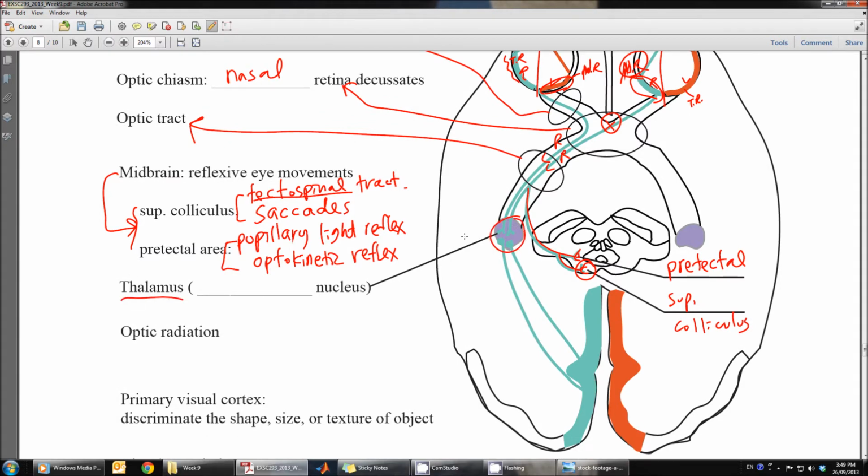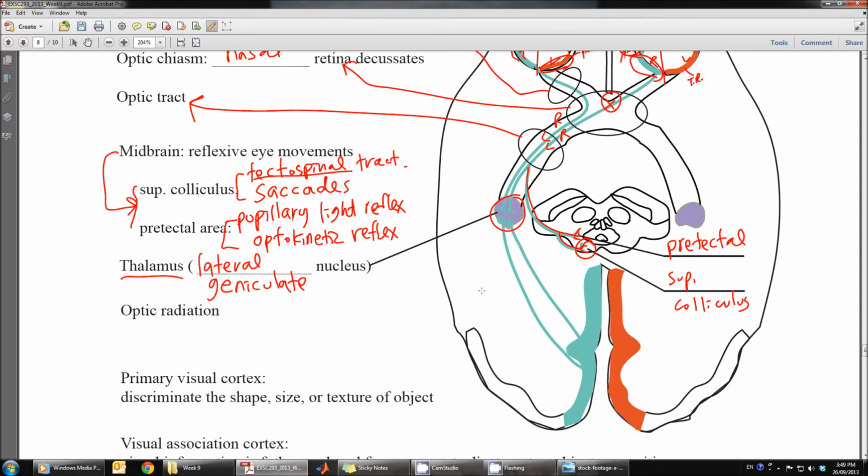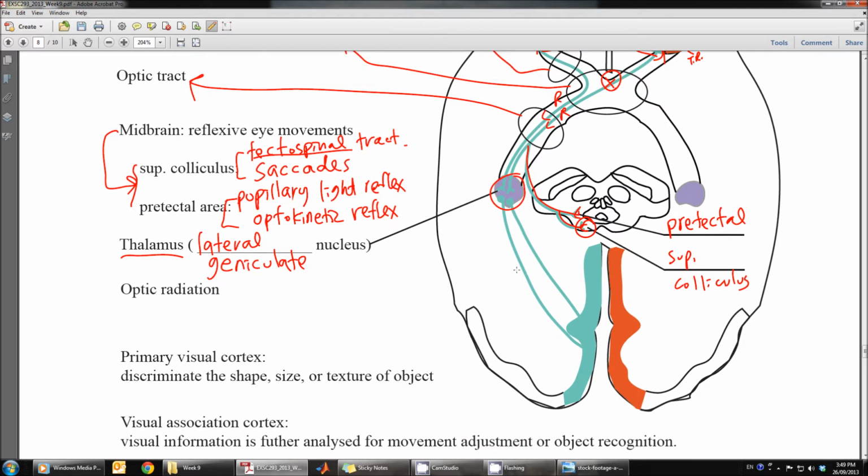So that's the branch that goes to the midbrain part, and the major branch goes to the thalamus. And again, thalamus acts as a relay center for the sensory information, and this particular nucleus of the thalamus is called lateral geniculate nucleus. And after the thalamus, it goes to the primary visual cortex, which is located medially in the hemisphere.